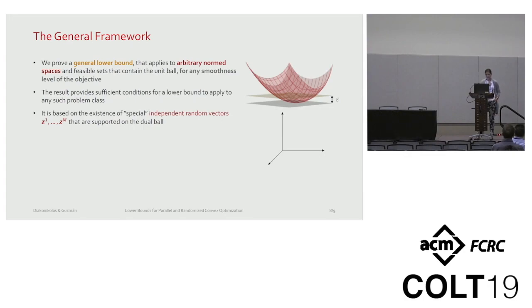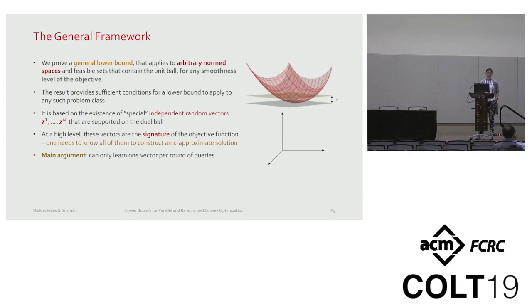Now, similar to what was also done previously in the literature, the argument is based on the existence of special independent random vectors that are supported on the dual ball. And at a high level, these vectors represent the signature of your objective. You really need to learn them all to be able to construct a good solution. And the main argument is that you can only learn one vector per round of queries.